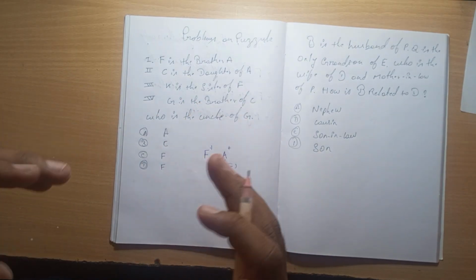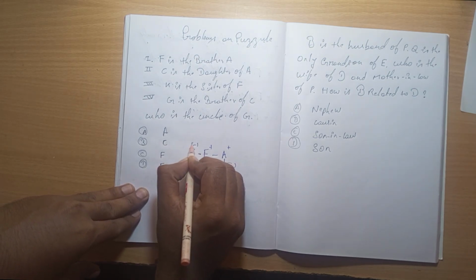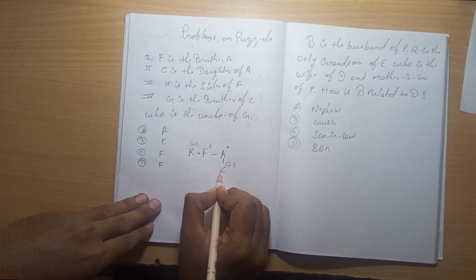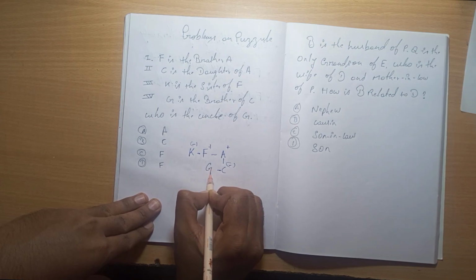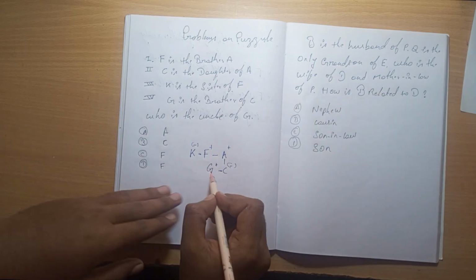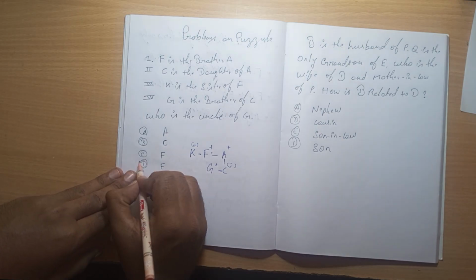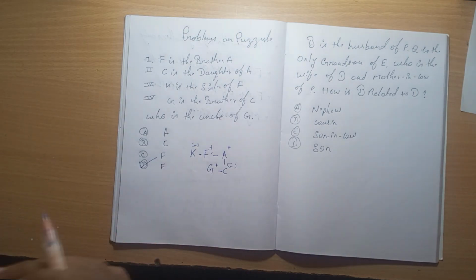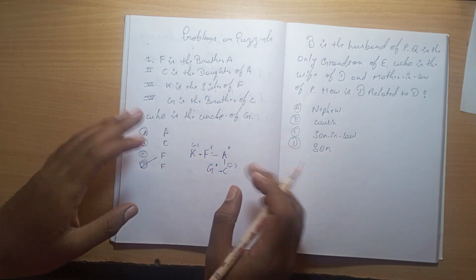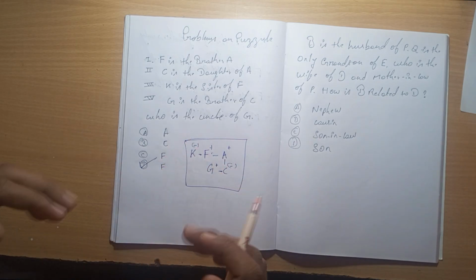And K is the sister of F. And G is the brother of C. And the question they asked, who is the uncle of G? F becomes the uncle. F is the right answer. Like whatever sentences you understand, first write them on paper and draw the diagram, and it makes you understand and select the right answer.